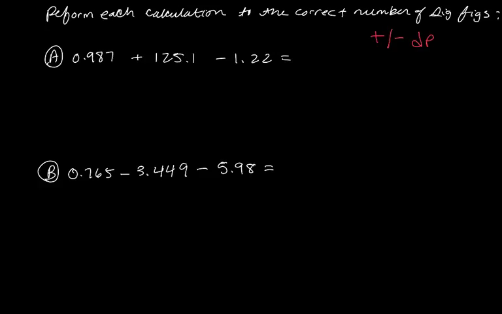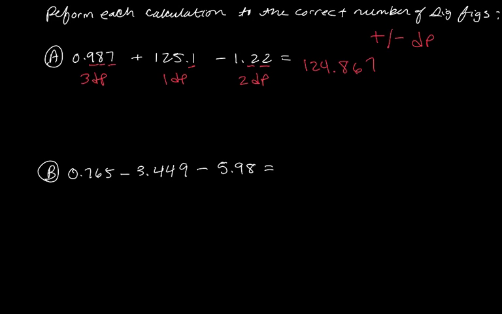For A, the first number has 3 decimal places: 1, 2, 3. For the second number, we have 1 decimal place. And for the third number, we have 2 decimal places. When we plug this into our calculator, we end up with 124.867.